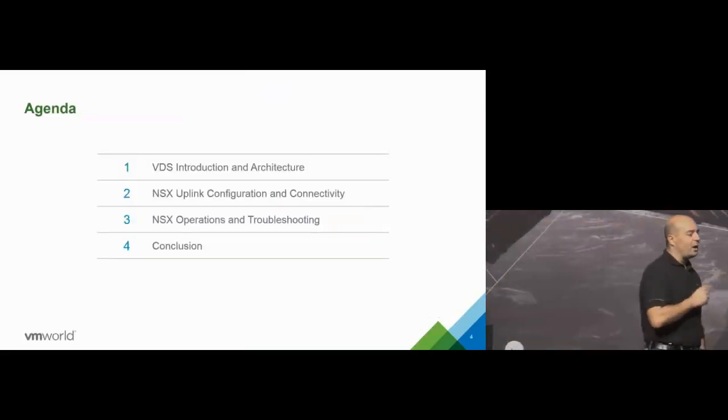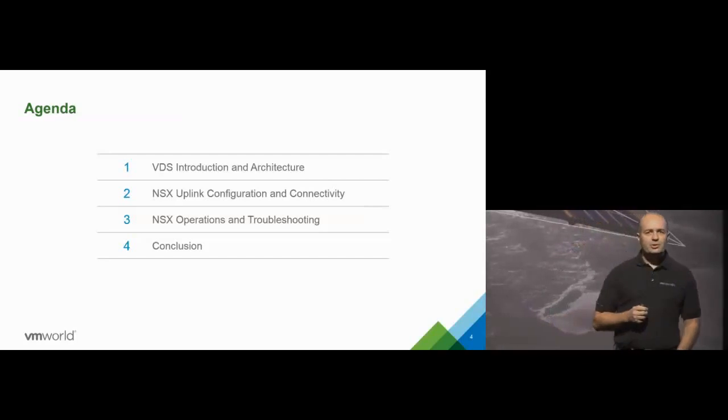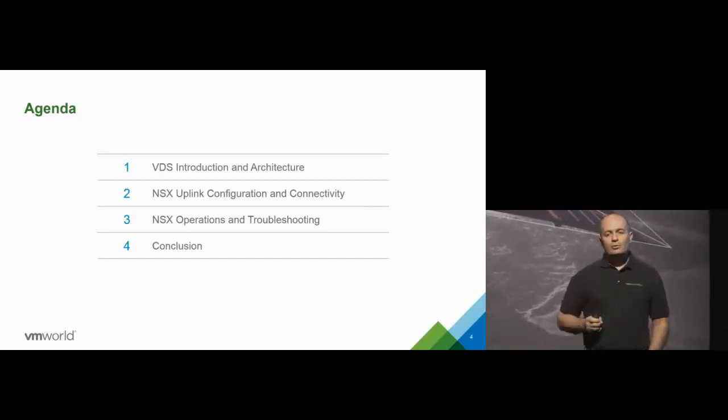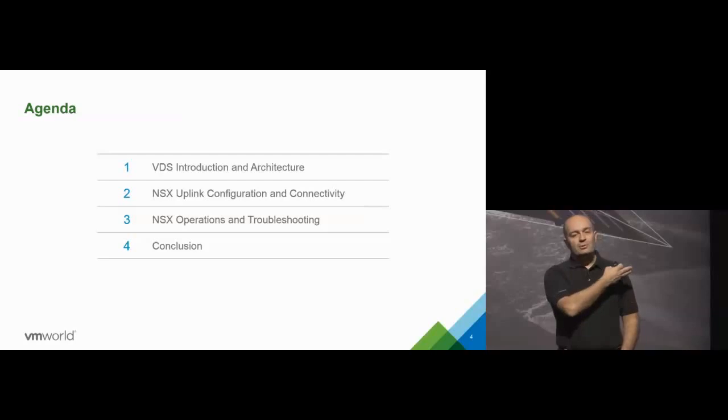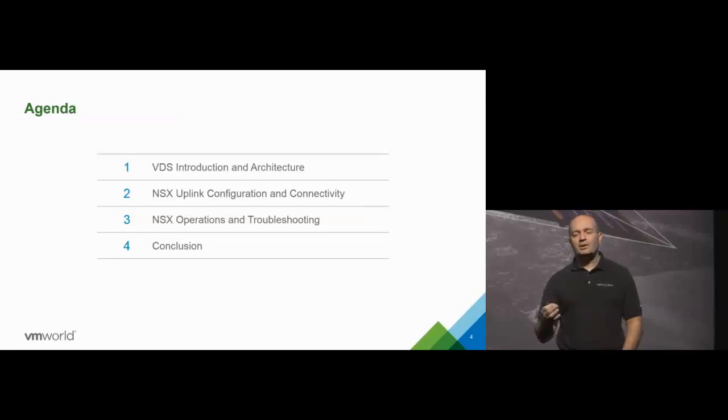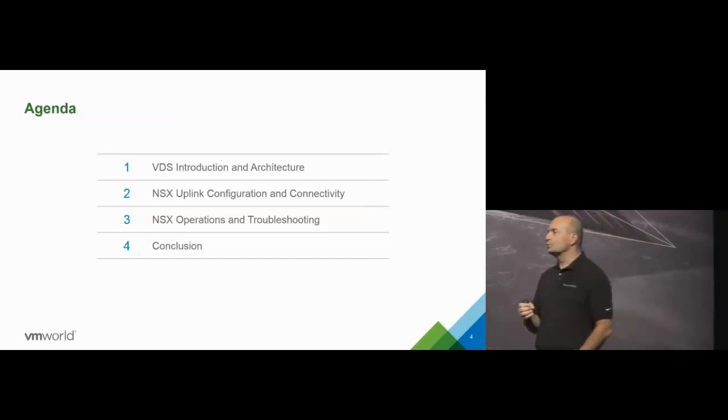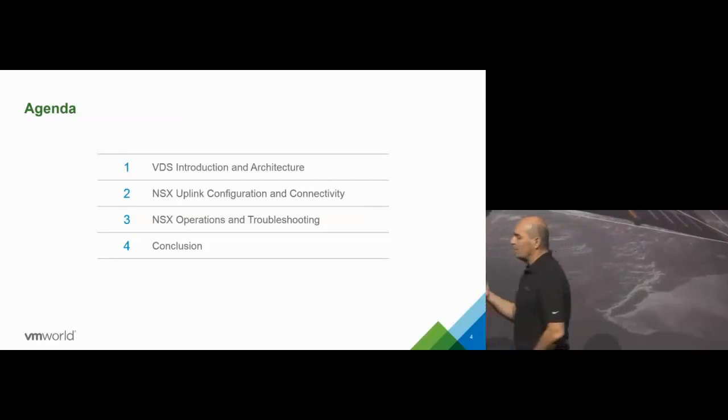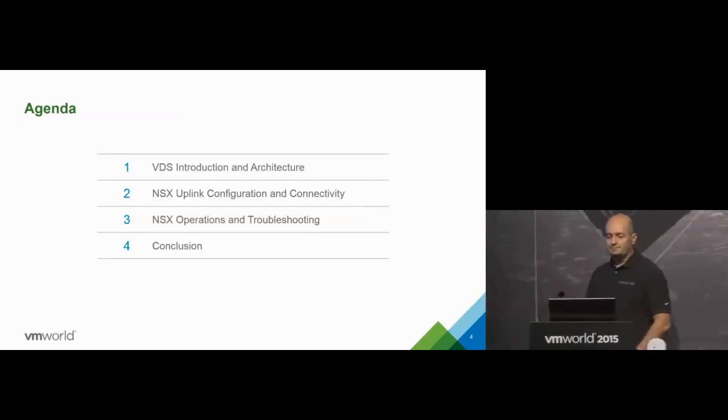This is the outline of our presentation today. We're going to go over an introduction that will not only go over some familiar concepts on the vDS, but explain a few terms that will be necessary later, in particular for the second part, where we're going to discuss the best practices on how to connect your virtual switch, your NSX host, to the physical network mainly.